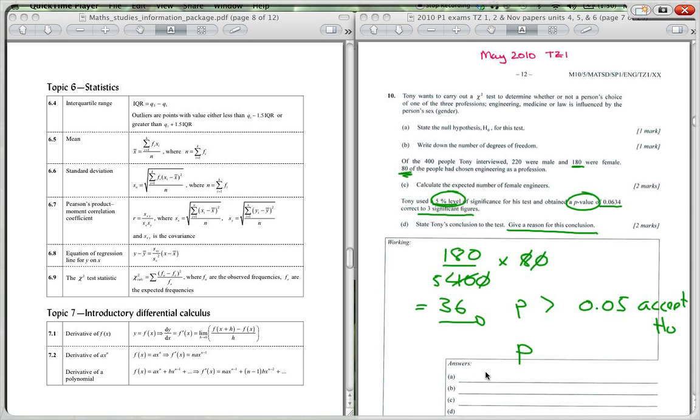If your p-value is less than 0.05, we reject the null hypothesis. So in this case, because it is more, 0.0634, it's greater than 0.05, we are going to accept the null hypothesis.